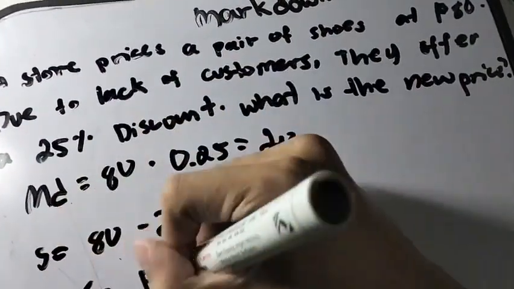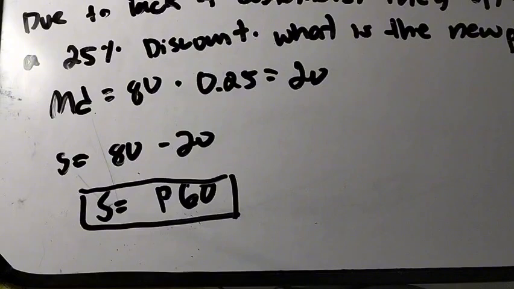Let's go to markdown, and for the first example in markdown, a store prices a pair of shoes at 80 pesos. Due to a lack of customers, they offer a 25% discount. What is the new price? This one is quite similar to markup, except we will be using subtraction.